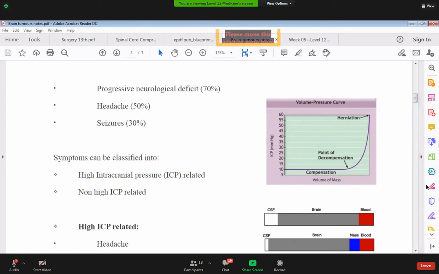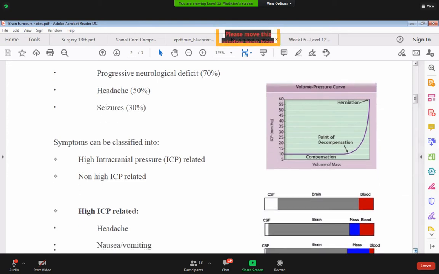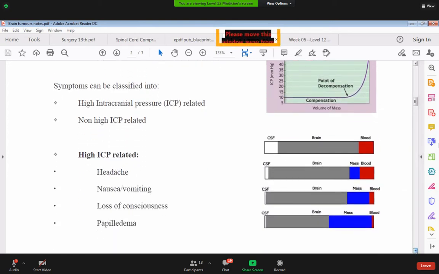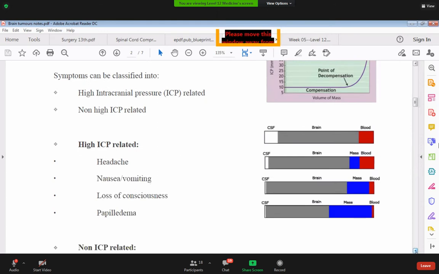High intracranial pressure related symptoms are headache, nausea and vomiting, loss of consciousness, and papilledema, and we have already discussed these before. Just keep in mind this linear strip that is shown here. There is actually a balance between the CSF and the blood within the skull, because this is to maintain the integrity and the flow of the blood to the brain.